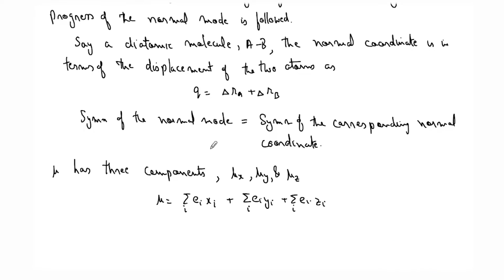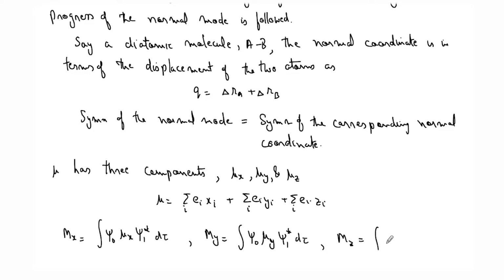Now if mu has three components, then the transition moment integral will also have three components, right? So you can say that M x is the integral of psi 0 mu x psi 1 star d tau. Similarly, M y is the integral of psi 0 mu y psi 1 star d tau, and M z is the integral of psi 0 mu z psi 1 star d tau.